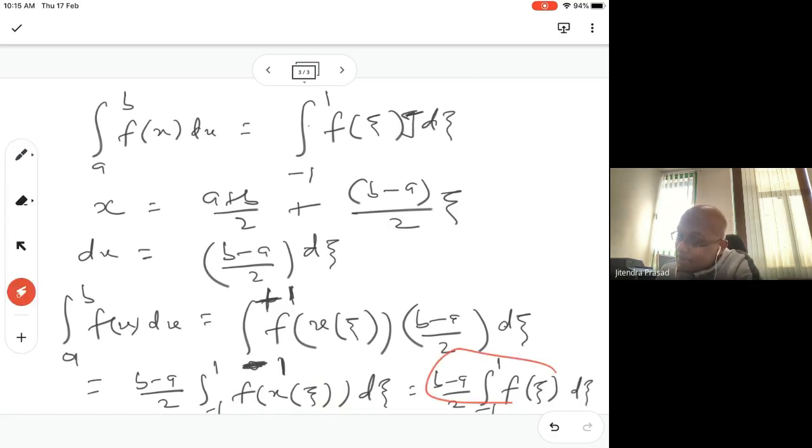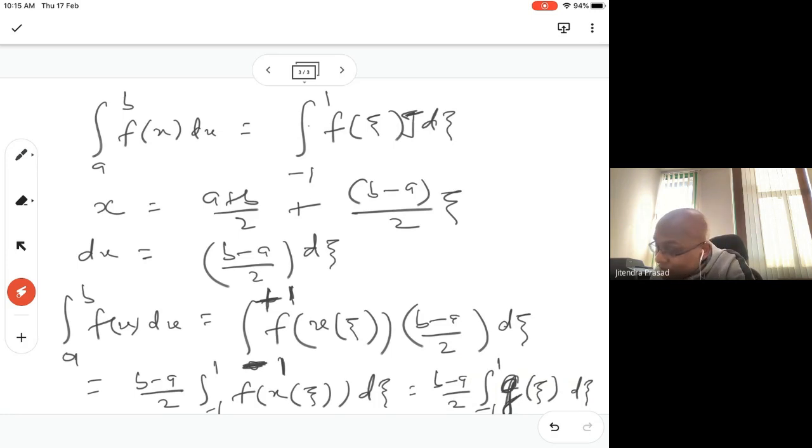Okay, I think it's better to write g here. So this we are calling it this. Yeah. Okay. So finally what we get, we see we are getting -1 to 1, and then this xi, then a function of xi, and then you multiply it by b minus a over 2. Yeah, that we are doing.